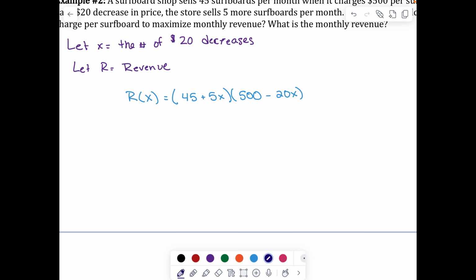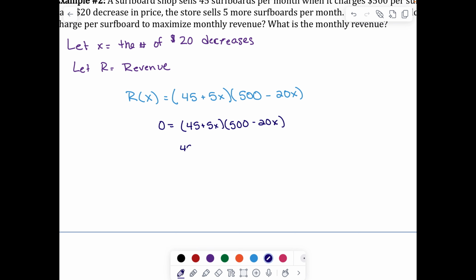So now to find our vertex, we want to find our 2 zeros and then find the average of those 2 zeros. That'll give us the X point of our vertex because we're looking for our maximum. So we're going to say 0 equals 45 plus 5X times 500 minus 20X.